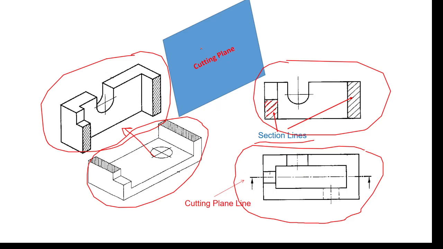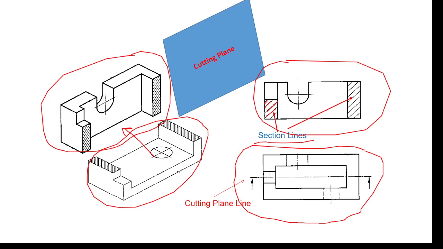So if it were real, we would see it as H. Since it is not a real feature, it is just an imaginary plane, for preventing some readers from misconsideration we use a special line type for showing the cutting plane on the view to which it is perpendicularly oriented. It is called the cutting plane line.